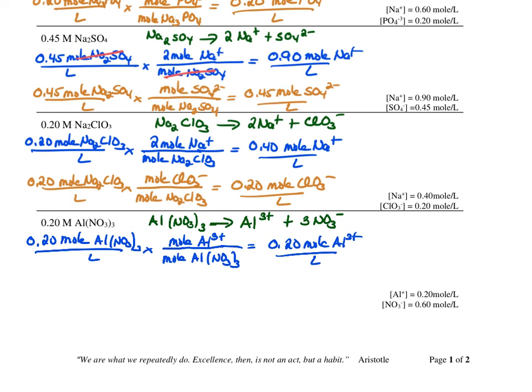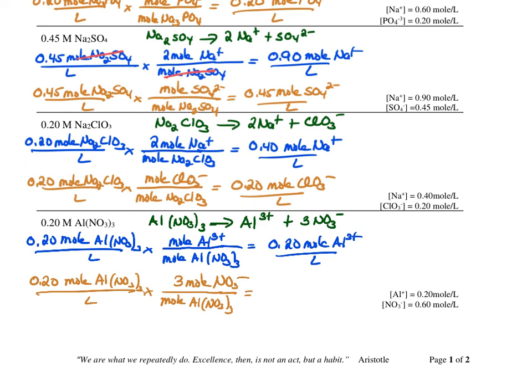And finally, our remaining anion, we'll start with our initial solution, moles of our solute, and in this case, every mole of our solute is going to give us 3 moles of nitrate ions.